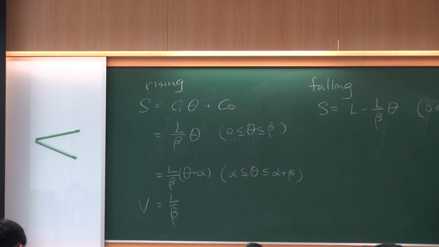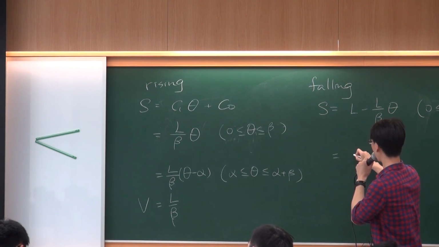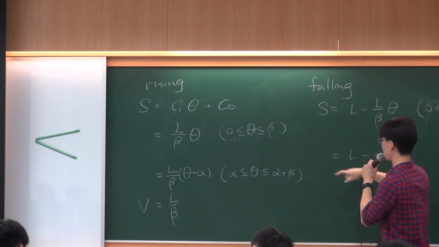But if this one is not a 0 point, then I may change. If I say it starts falling at alpha f and starts falling at beta f plus alpha f, how can I modify this one? So modify this equation in the same way as this one.